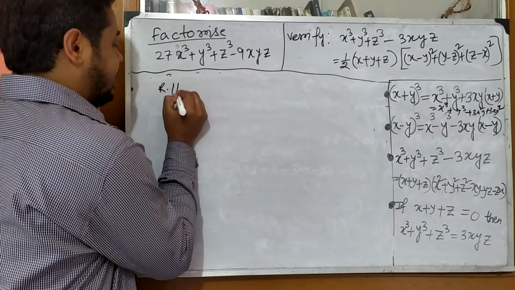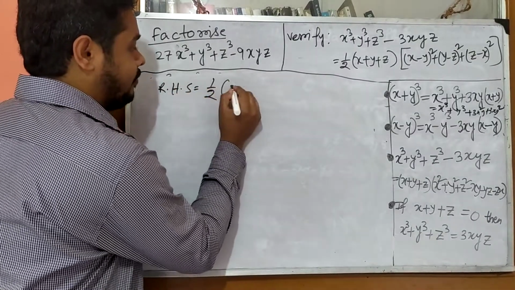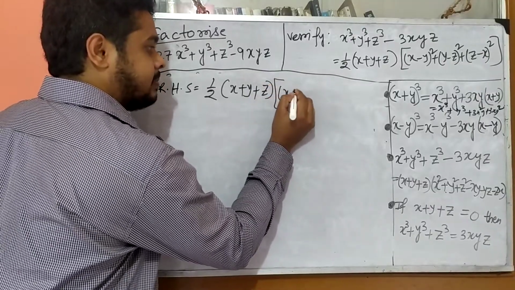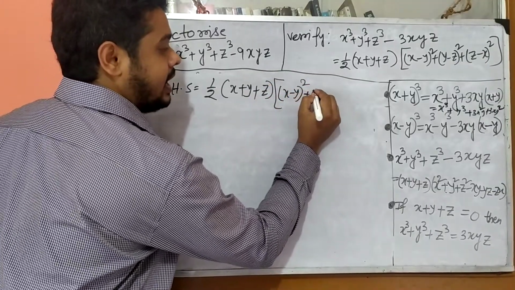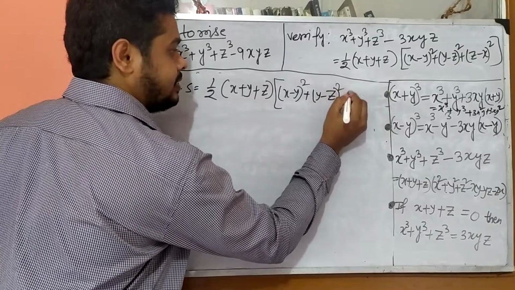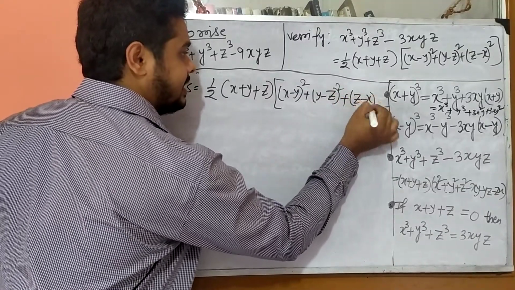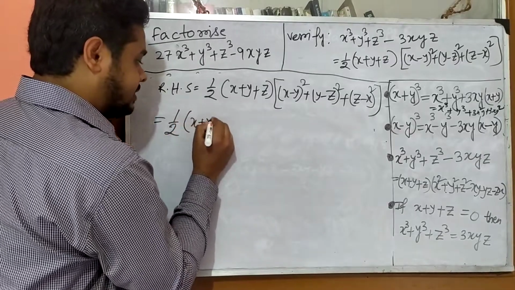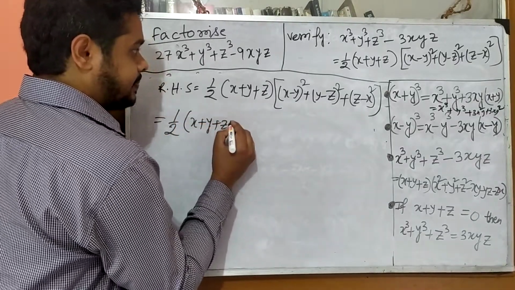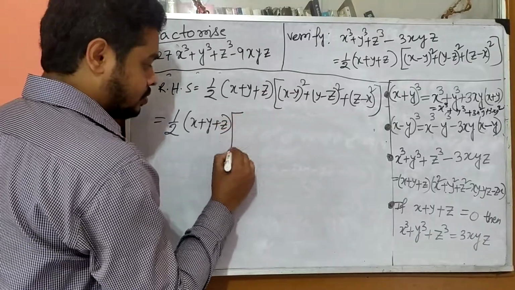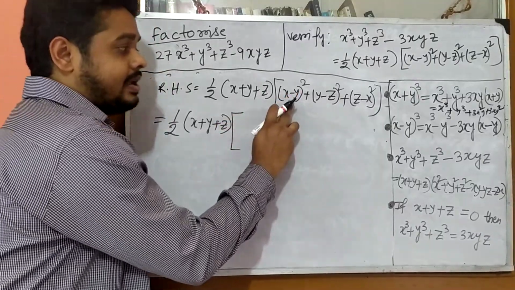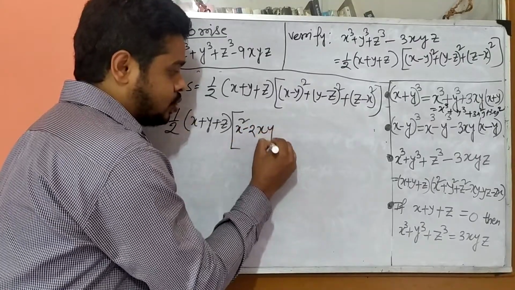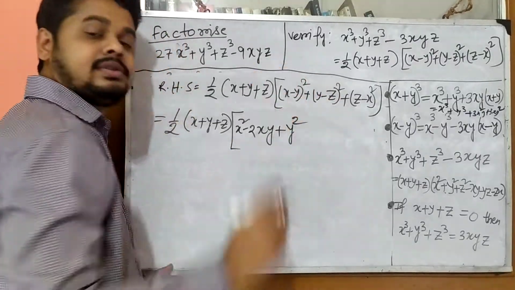Right hand side is half of x plus y plus z into x minus y whole square plus y minus z whole square plus z minus x whole square. Now half of x plus y plus z into, what is the identity of x minus y whole square? x square minus 2xy plus y square.